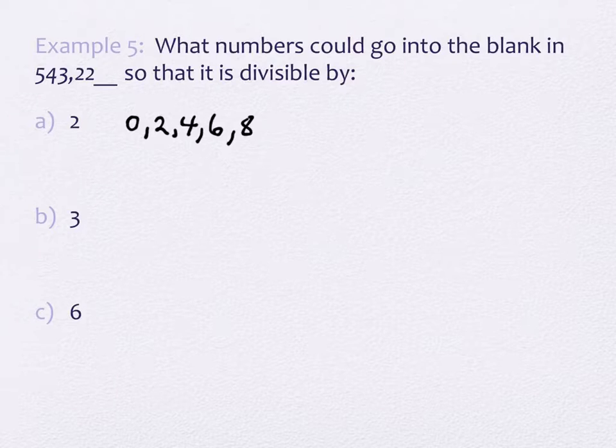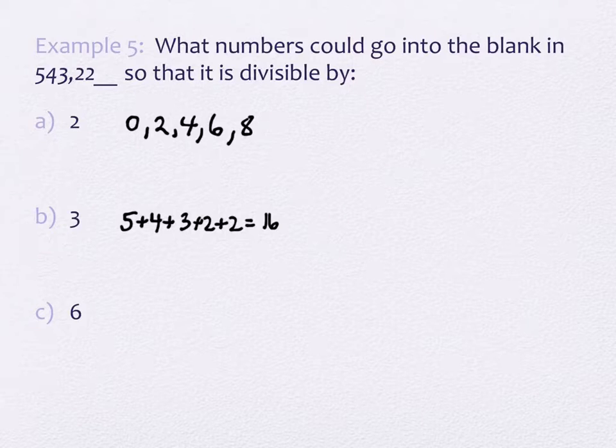So I need to add them together, right? I need to figure out what my current sum is. So what is 5 plus 4 plus 3 plus 2 plus 2? 16. Does 16 divide by 3? No. So I can't end in 0 because that would be equivalent to having the 16 I already have, right? So I can't end in 0.